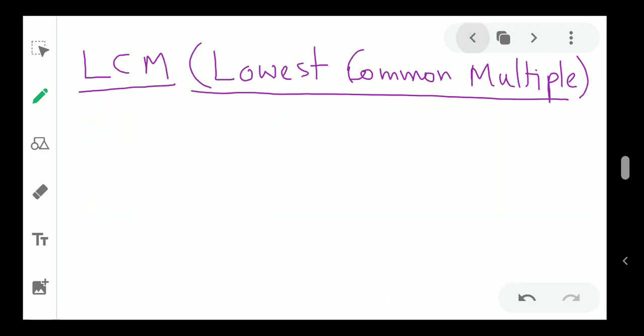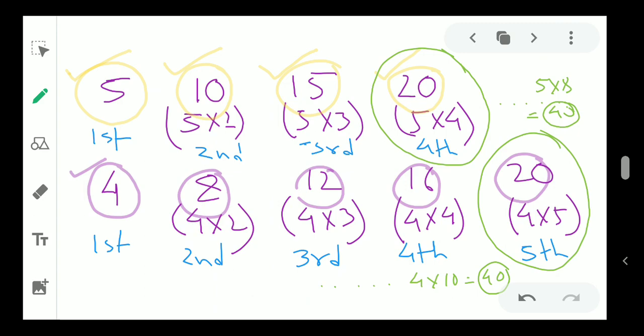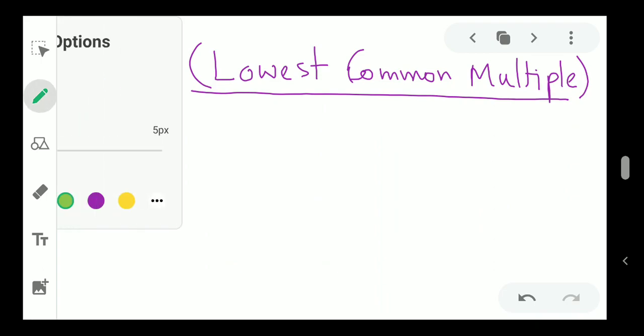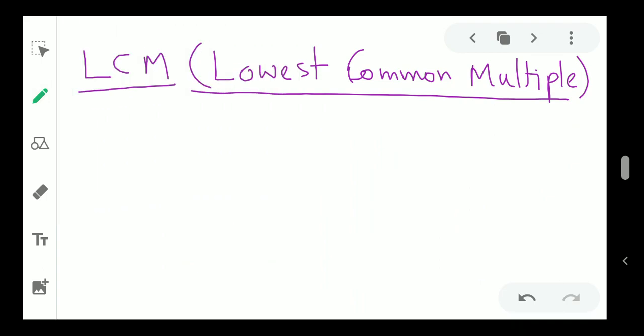So the lowest common multiple, how to get that? You can either write like this, or the simple systematic procedure is this. Let's say I have 12 and I have 16, and let us find the common multiple.